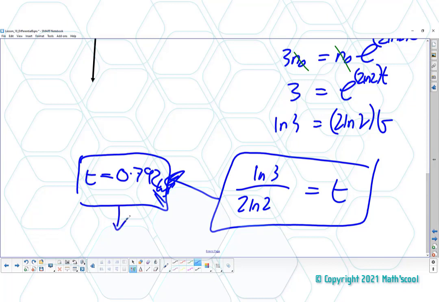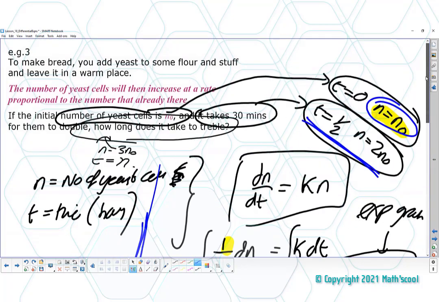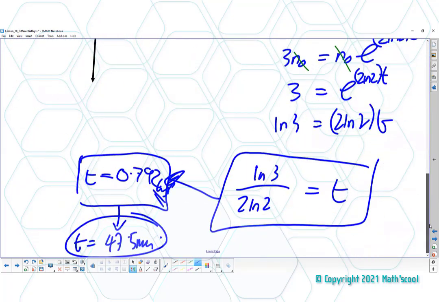What does it turn out to be in minutes? 47.5 minutes. So if you want the amount of yeast in your dough to treble, then you've already left it for 30 minutes and it's doubled, but it's only going to take another, well, 17 and a bit minutes for it to treble. It's not going to take as long to treble as it did to double.